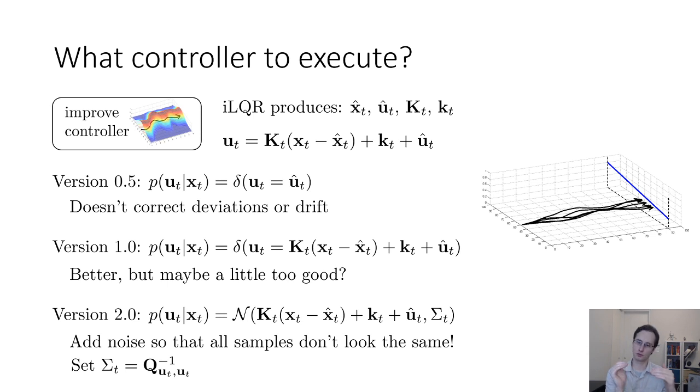When this curvature is very low, it means that the Q values, the total reward you get, doesn't depend very strongly on the actions, which means that lots of different actions might lead to pretty good rewards. So then you would want a high covariance. So if curvature is low, Q_uu is small, Q_uu inverse will be large, so your covariance will be large and you'll be more random.